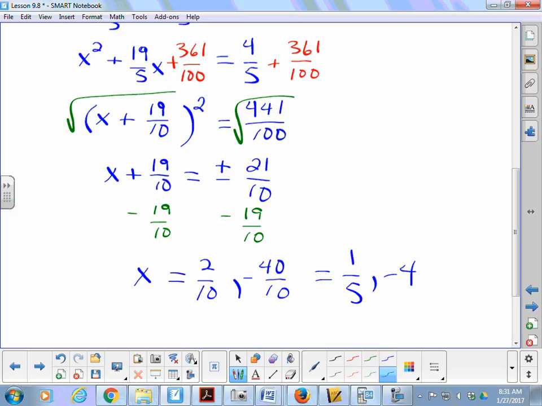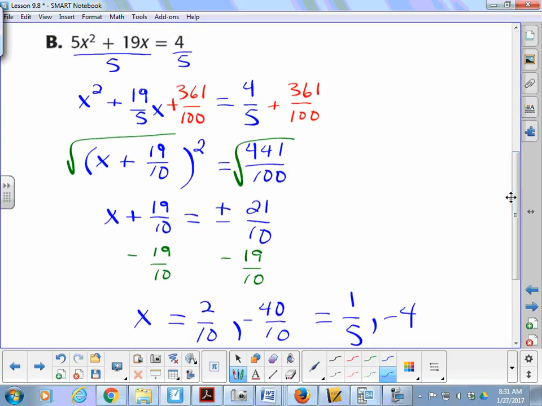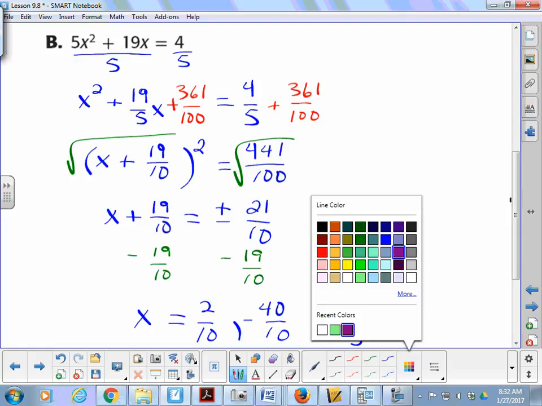So if you have a coefficient of x squared other than 1, we need to divide by that. And then use fractions, don't use decimals. All right. So if I wanted to check this, I would put in my calculator, well, actually, if you're at home, you can check it with decimals.